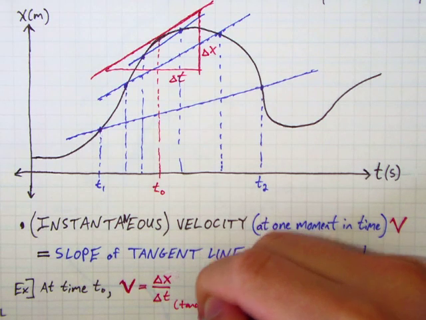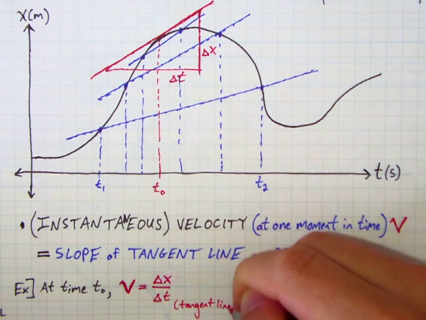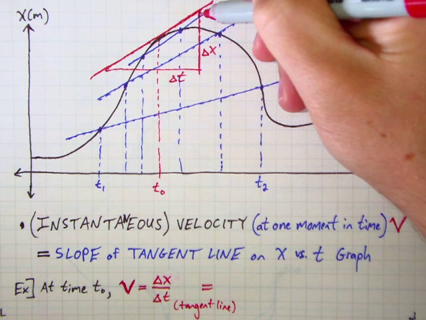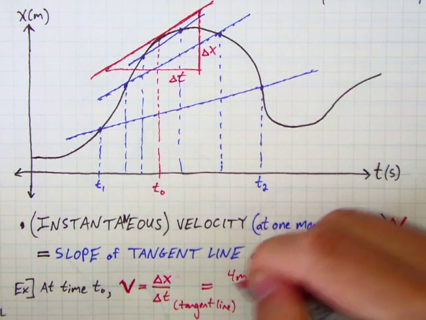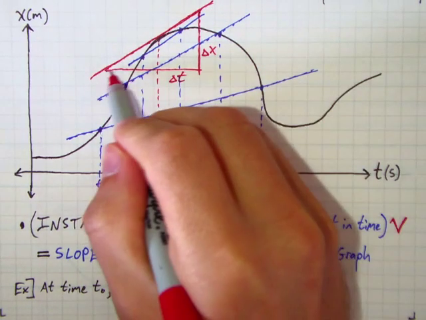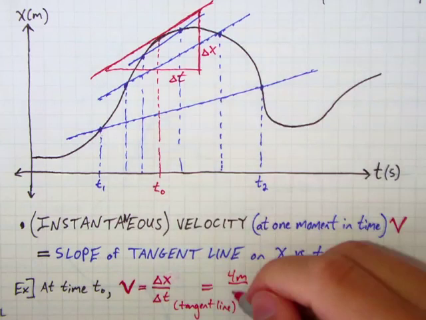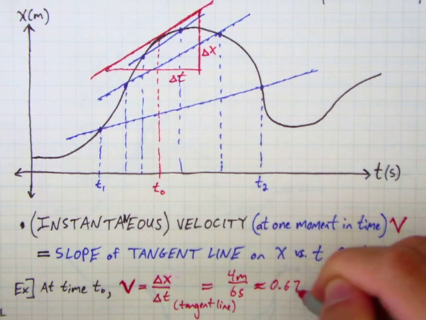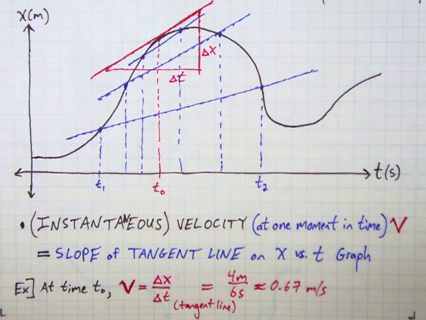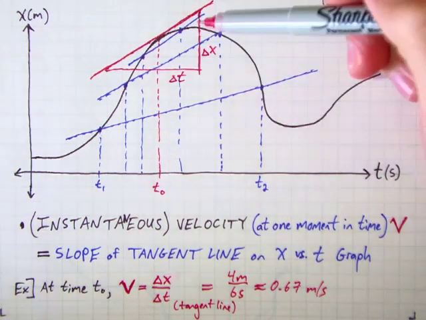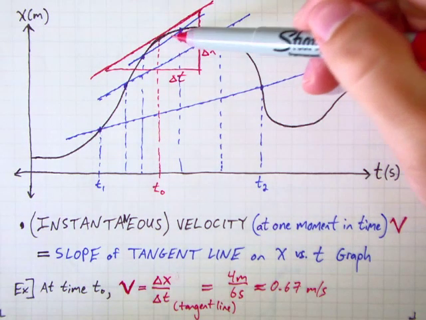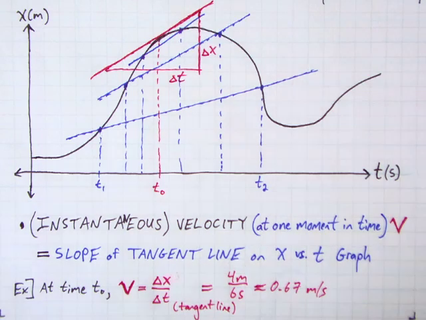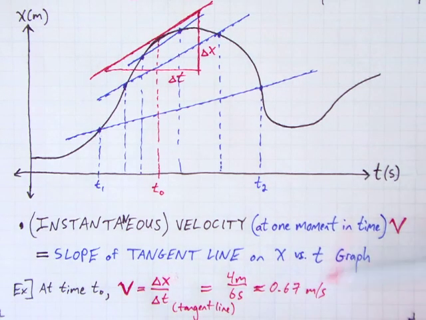By eye, it looks like we go up about 4 meters, and our run in time is about 6 seconds there. So that's about 0.67 meters per second. From looking at this position versus time graph and this tangent line, we can determine the velocity of the object at that one instant. About 0.67 meters per second.